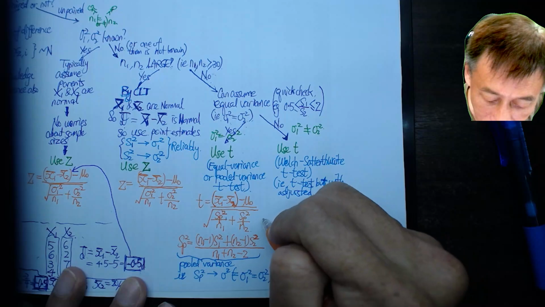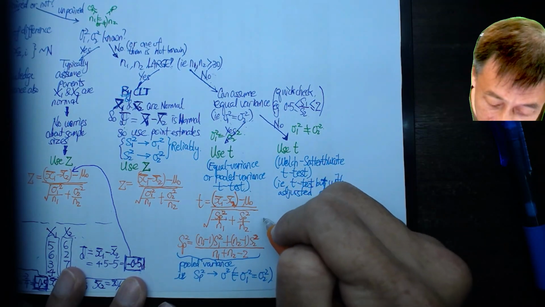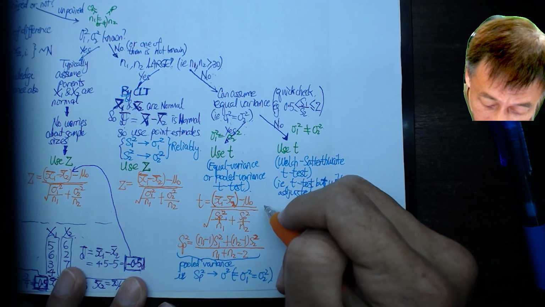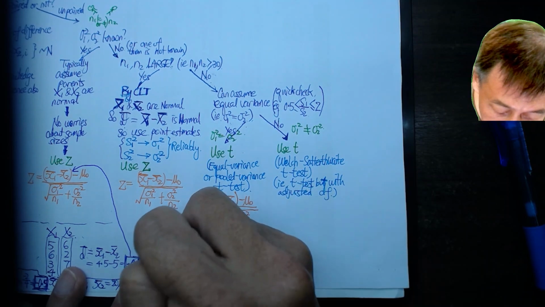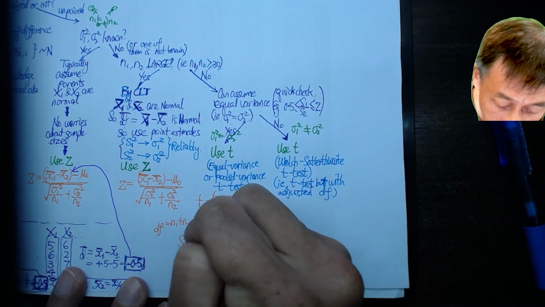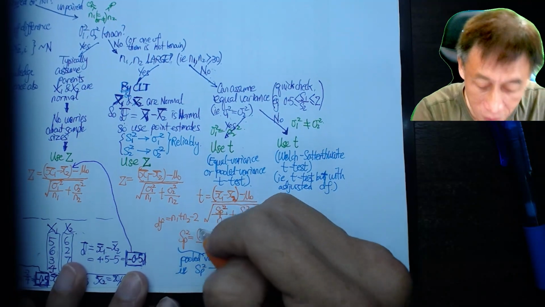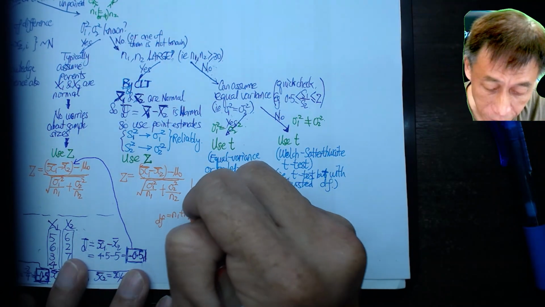So the degree of freedom is just n1 plus n2 minus 2, is df. Notice how this looks like the denominator in the pooled variance, so very much related.